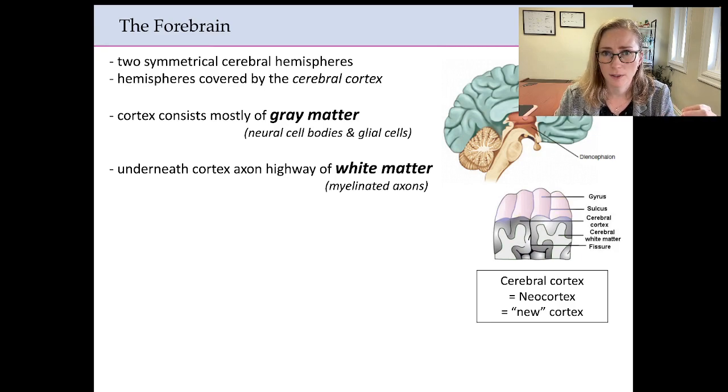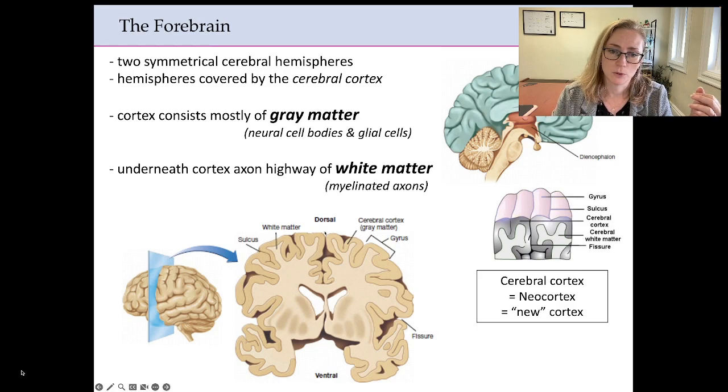Unless we're talking about an astrocyte. Astrocytes are going to be in the cortex too. But for example, oligodendrocytes, they're going to be where the axons are, and the axons are underneath the cell bodies. So this is a nicer view to really illustrate. On the outside is our cortex. Underneath is what we then call the white matter, which are the myelinated axons.